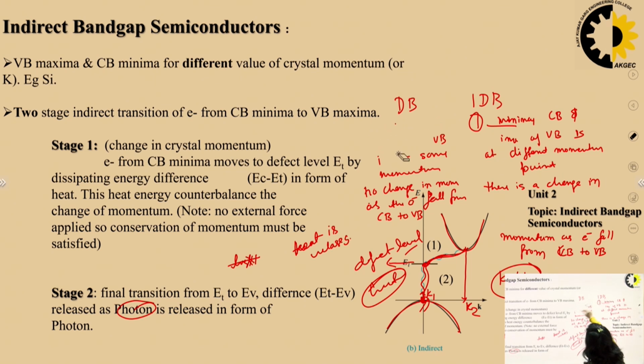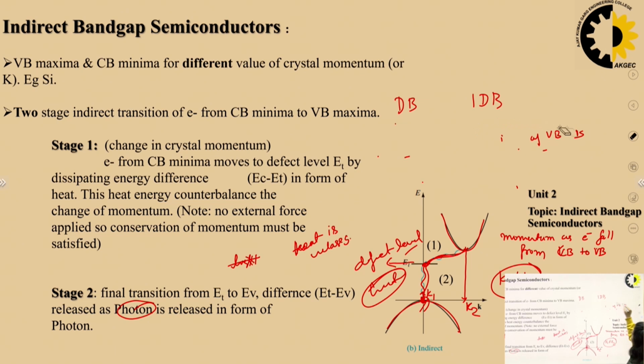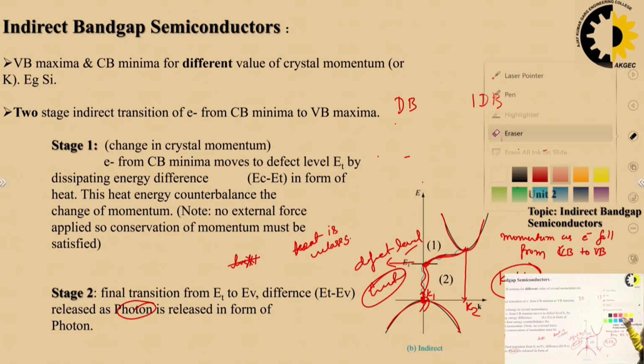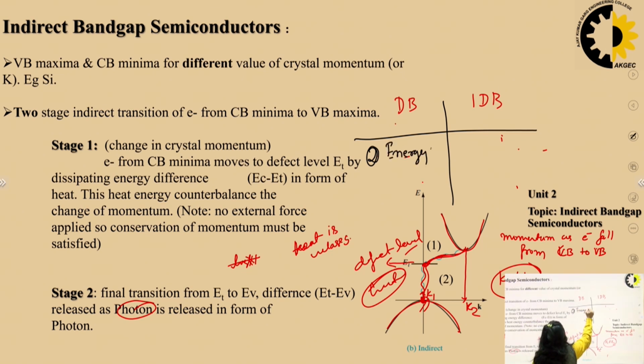What should be the other difference? The second difference is in the form of energy released. In the direct band gap, the energy is released in the form of light.